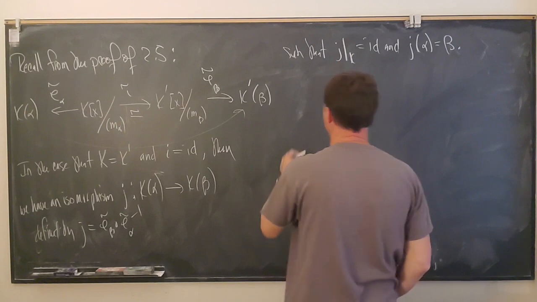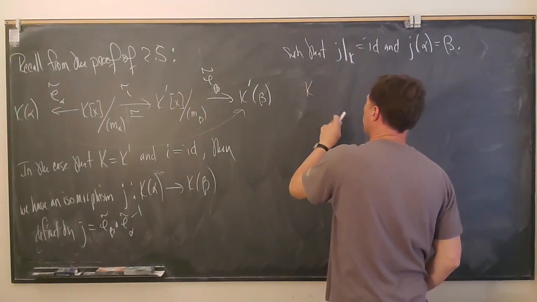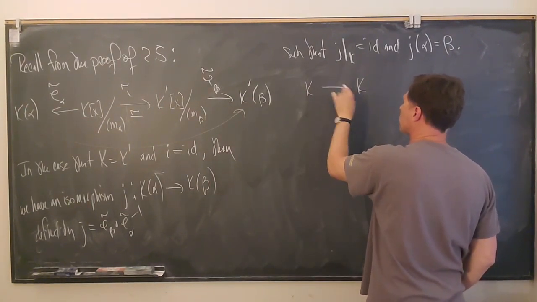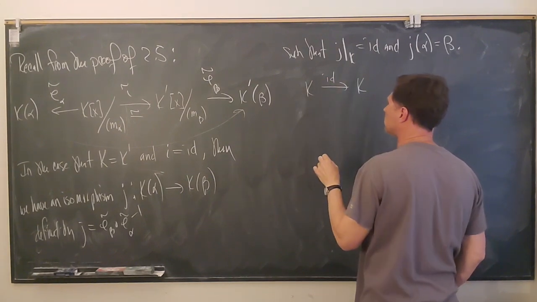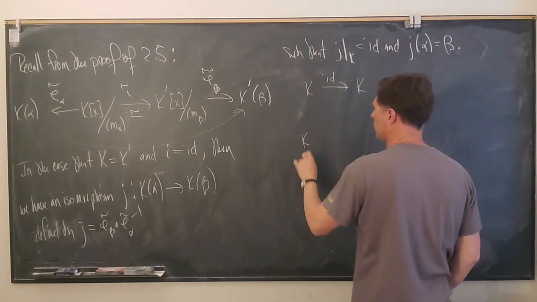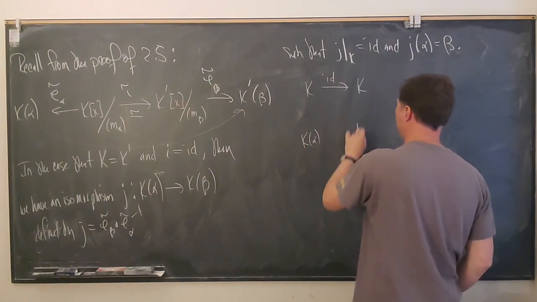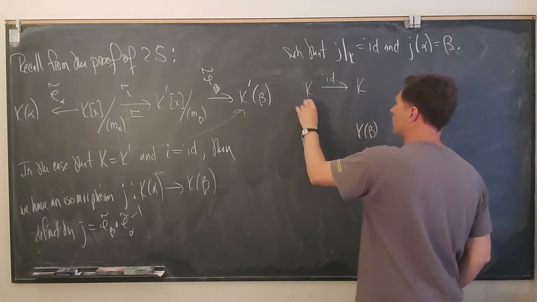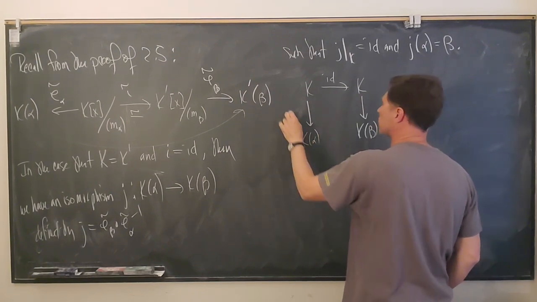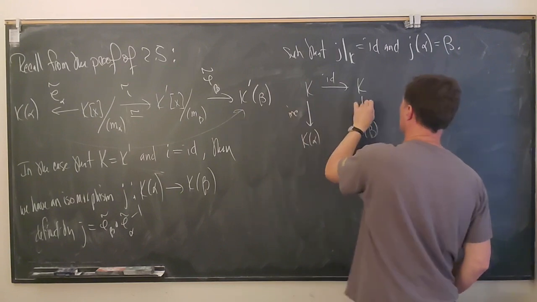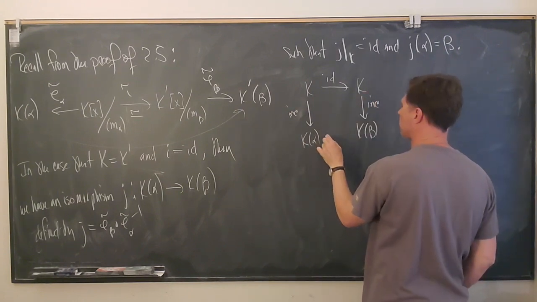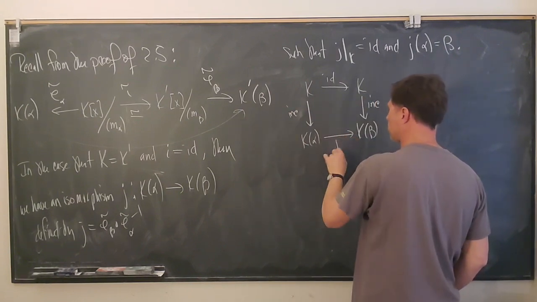Okay, so let me just draw a little diagram that'll help us keep our heads straight. So that's the identity map. We've got K adjoin alpha, K adjoin beta. We have inclusions in this direction. And then we've got J right here.